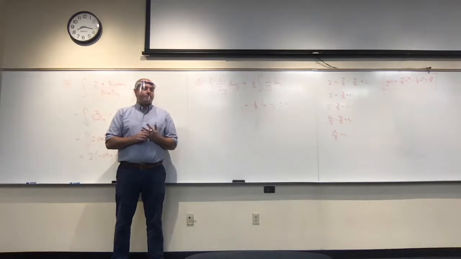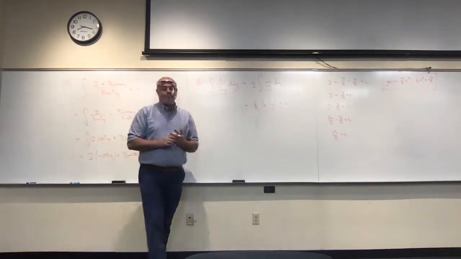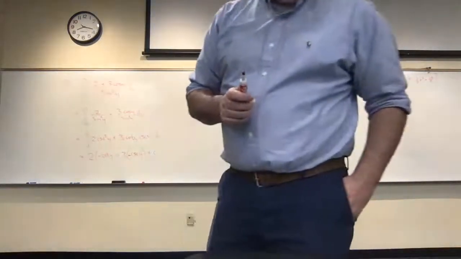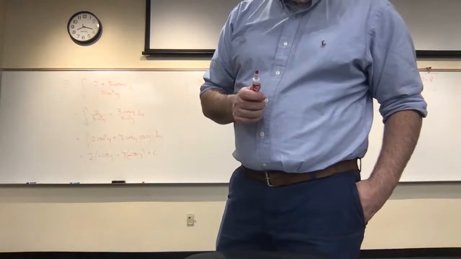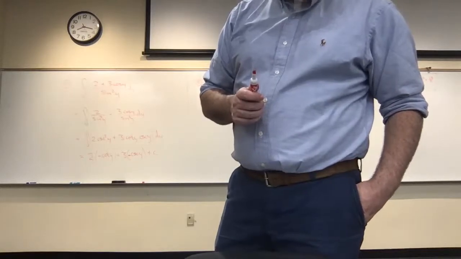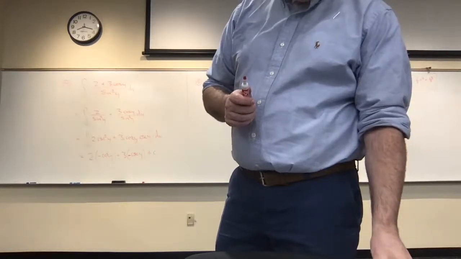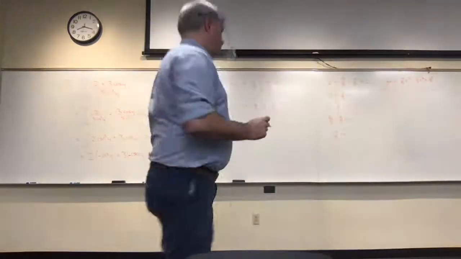What else? Can we do 81? Sure. Another one of the initial value problems. So we've got 4 cosine u minus sine u.